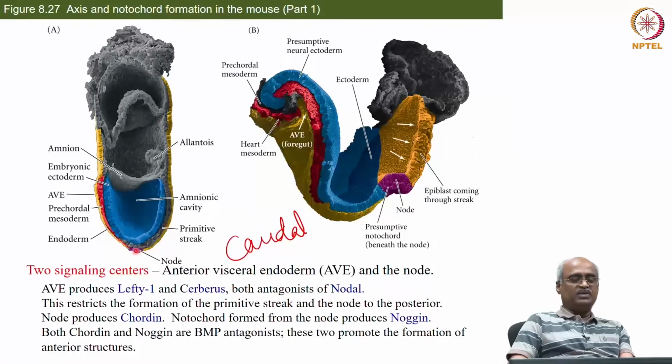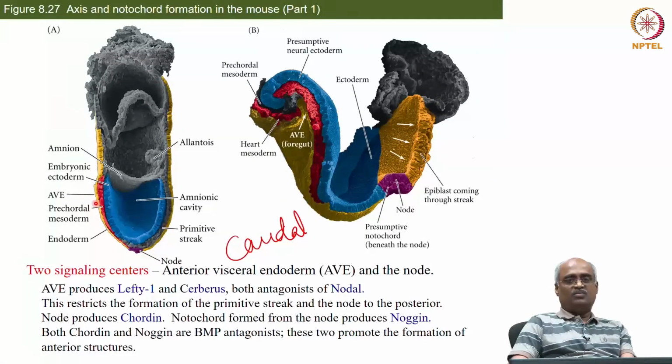And the node itself is derived from the mesodermal layer, and the cells coming from that are these precaudal mesoderm in this area here. Okay, so this is coming from the notochord, and once the node produces the notochord, it produces noggin, and this chordin and noggin are key along with this AVE for the head structures to form.